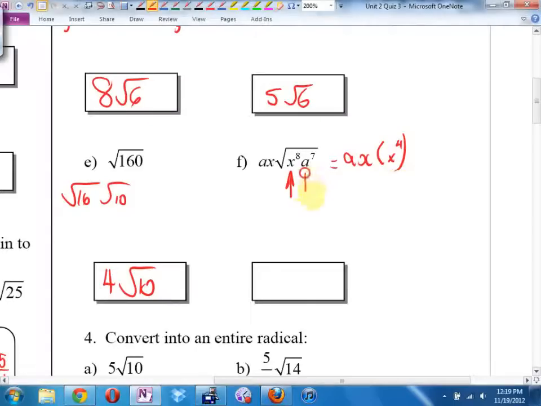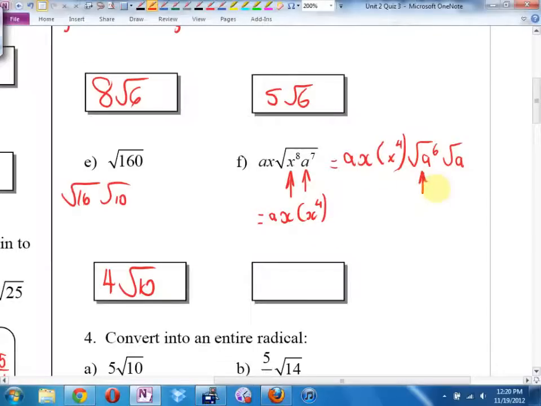Is a to the 7th a perfect square? So how can I rewrite that? I can rewrite that as root a to the 6th, root a to the 1. Can I stop putting the 1 there? There's my a to the 7th. Why is that so nice? Because, Simi, I'm going to get a x, there's going to be an x to the 4th.